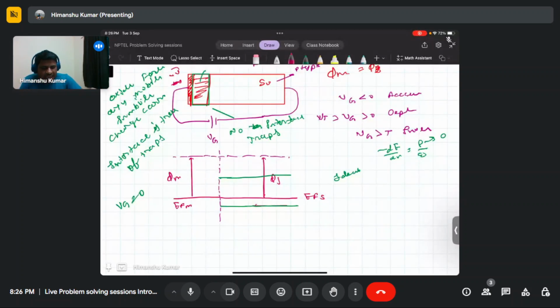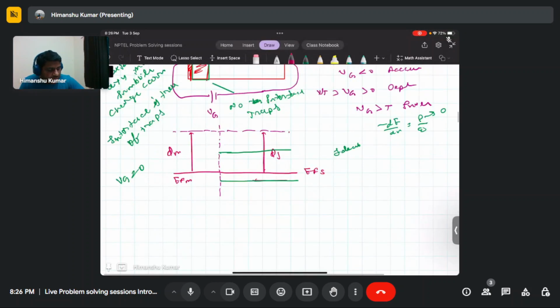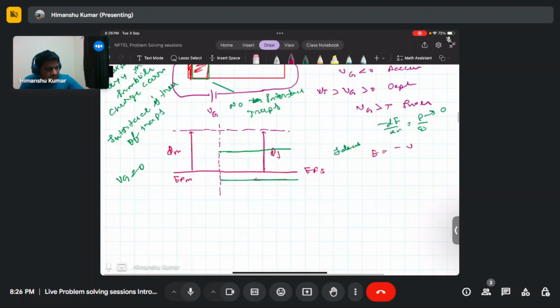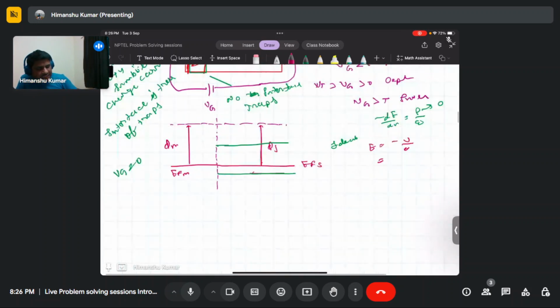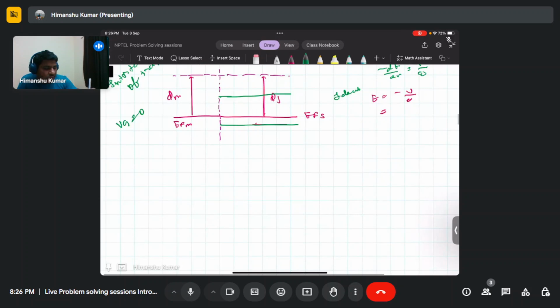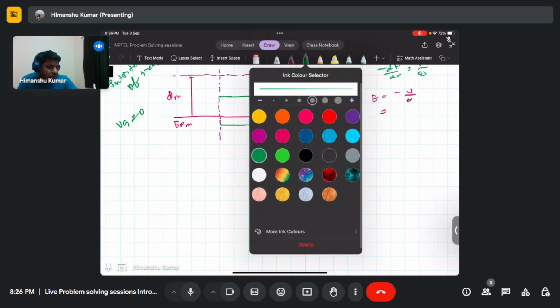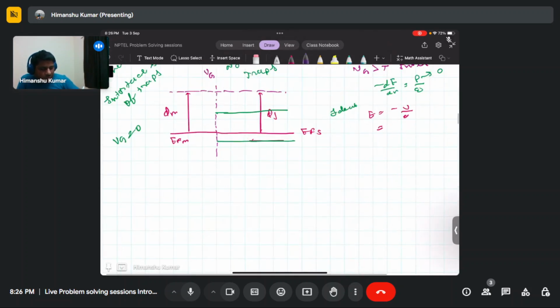So this is at the negative gate potential, and your E is minus of V by q. Then the band diagram will move up, in the positive direction. So in that case it just moves like this. The band will move up. Here it will move up.